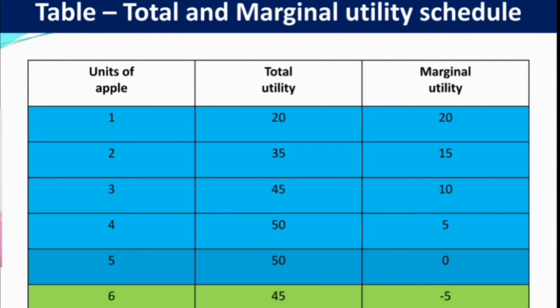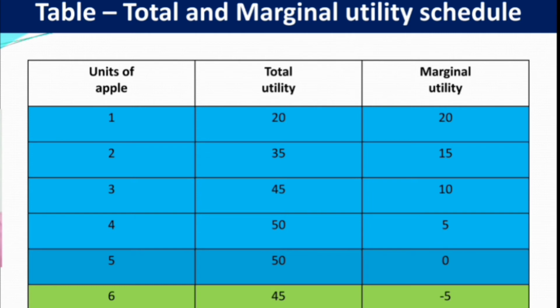Again he starts to eat the third apple, and from it he gets 10 utility. So 35 plus 10 is equal to 45, the total utility when consuming three apples.